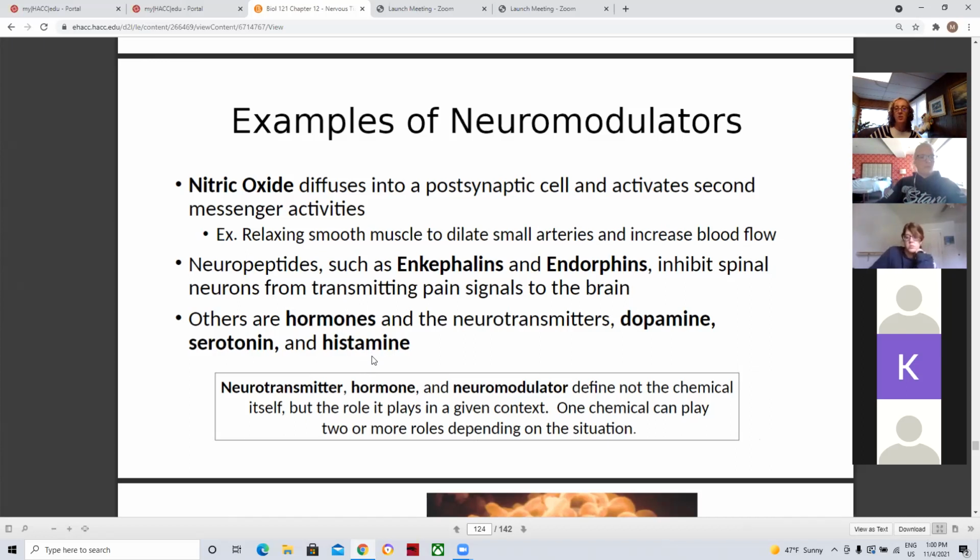One given chemical is not only a neurotransmitter, only a neuromodulator, only a hormone. It can play multiple roles based on the context. So one neurotransmitter can be a neuromodulator in a given situation.